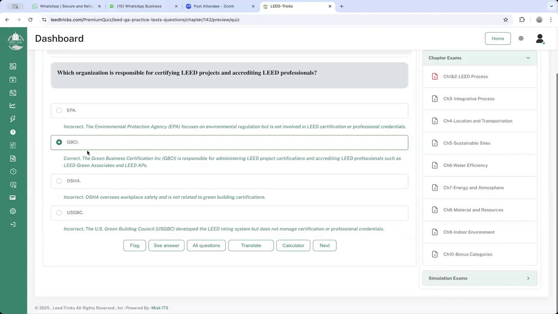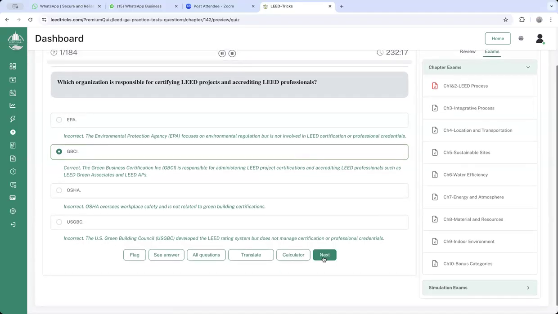For sure, we will not go through this because it's very clear. It's a direct question, GBCI, or Green Business Certification Institute. So USGBC is responsible for what? USGBC is responsible for education, reference guide, training, or system development, rating system development.